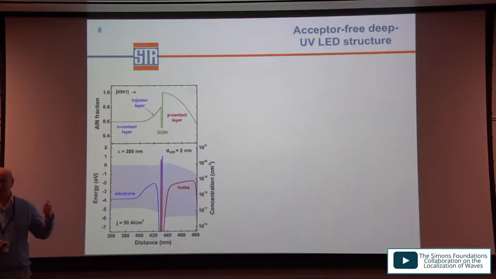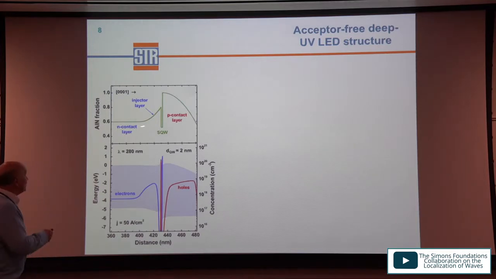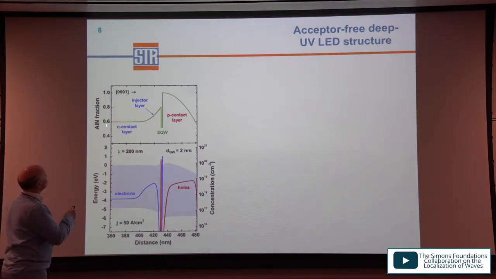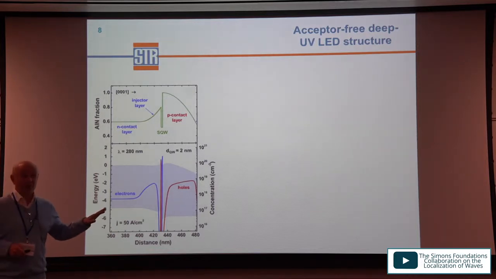This is just a simulation, a prototype of a deep UV LED structure which doesn't contain magnesium acceptors at all. If we consider such an aluminum composition and grow the structure along the hexagonal axis, what we can see here is that this descending composition gradient in this layer produces a big amount of holes without impurity doping.